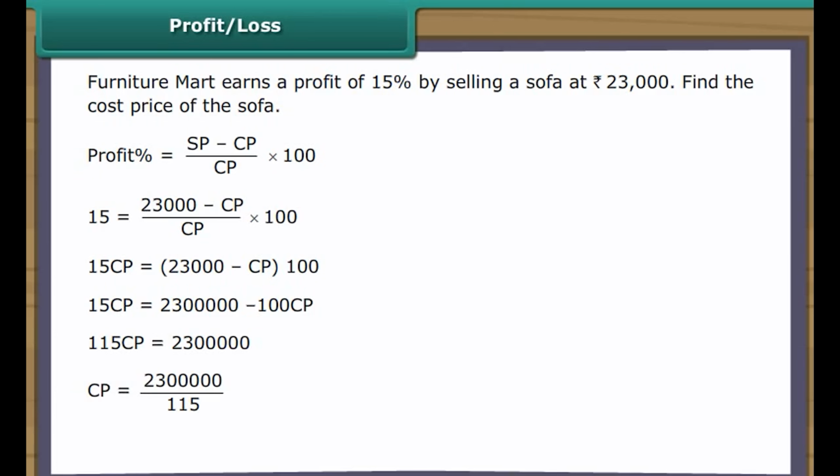CP is equal to 23 lakh upon 115, which equals Rs 20,000. The cost price of the sofa was Rs 20,000.